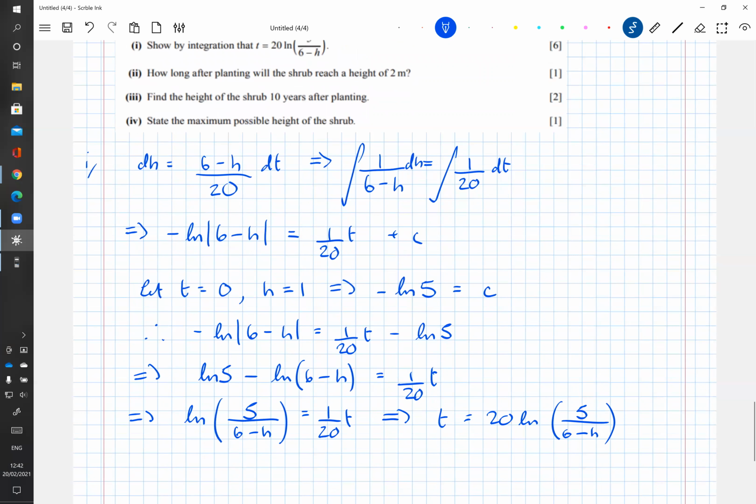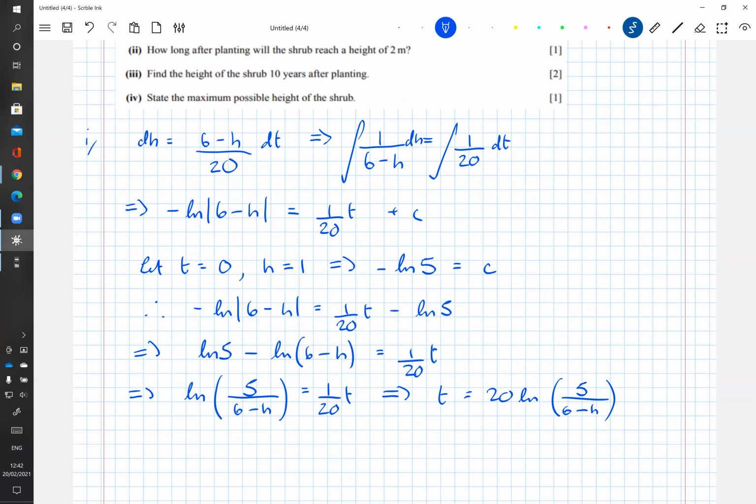Part 2. How long after planting the shrub will it reach a height of 2 meters? Well, let's let h equal 2 and find out. The time is 20 log of 5 over 6 minus 2.